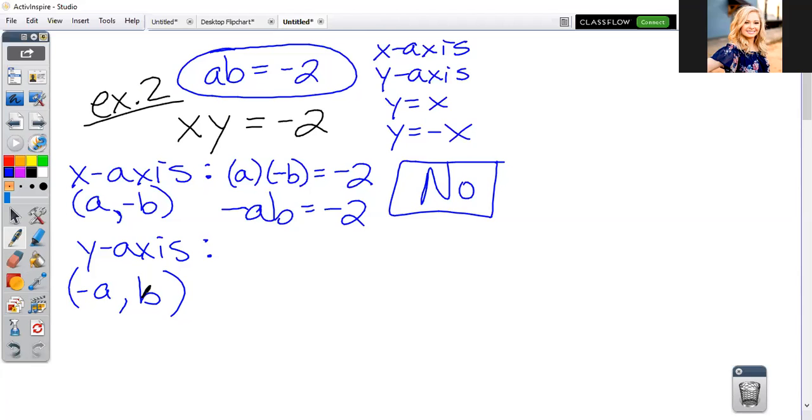Plug them in. Negative a times b equals -2. Simplify it. What do we get again? Negative ab one more time. So is it symmetric to the y-axis? No.